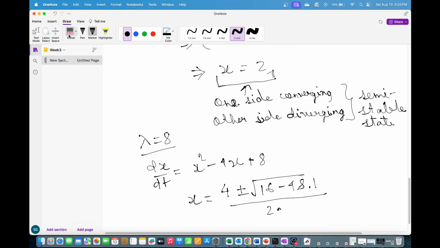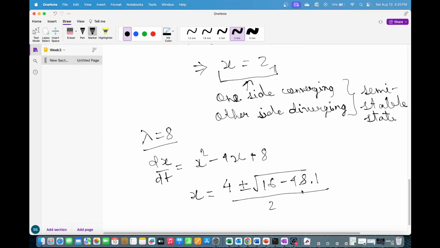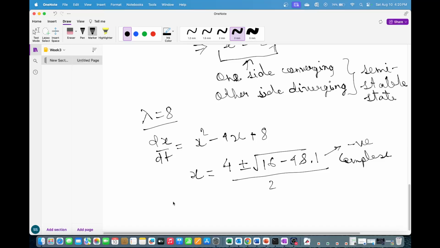This is 2 because the value of a is 1. Okay, now if you notice, this term under the root is a negative term. So under the root negative, this is a complex root. So basically there are no real solutions of x when lambda equal to 8. So x has no real solutions.